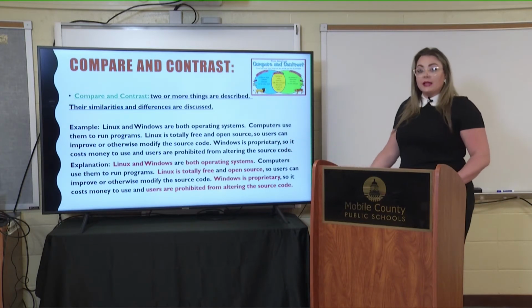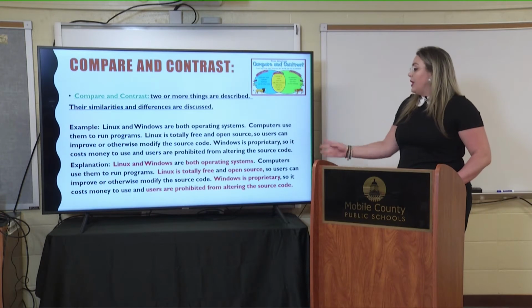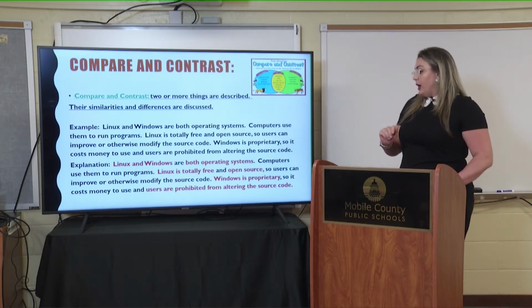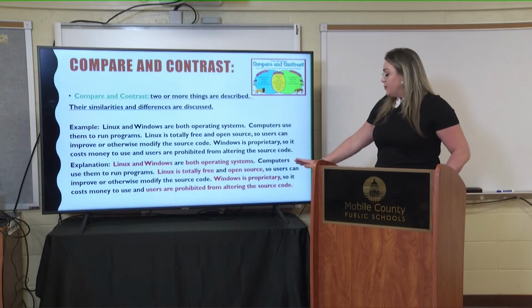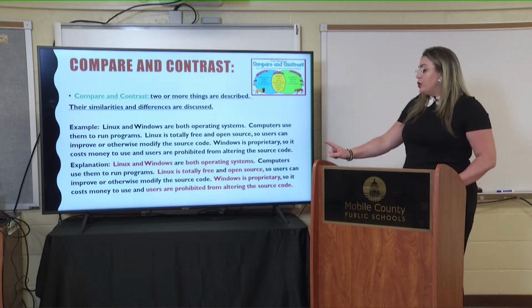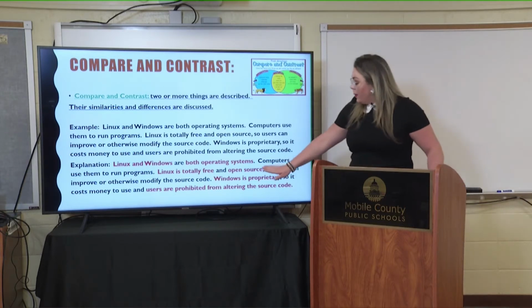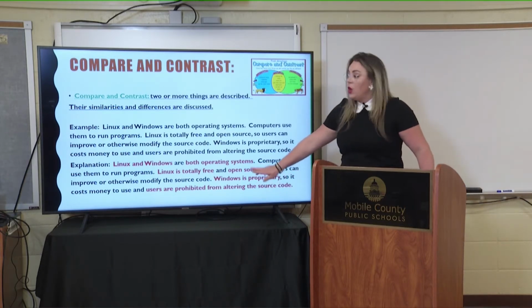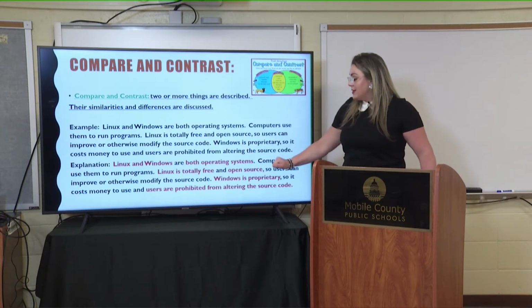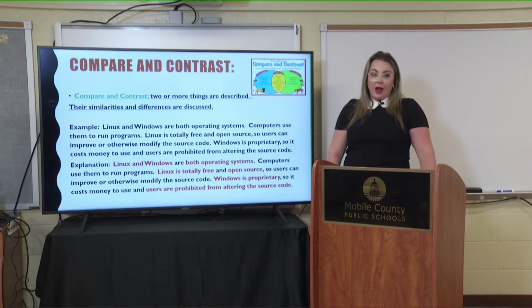Now, as the text continues, it goes to show you that Linux is totally free and open source. On the other side, Windows is proprietary, meaning that users are prohibited from altering the source code. So here we have a contrast. We have 2 subjects. We show how they are similar, both being operating systems, and then we show how their differences are also described.